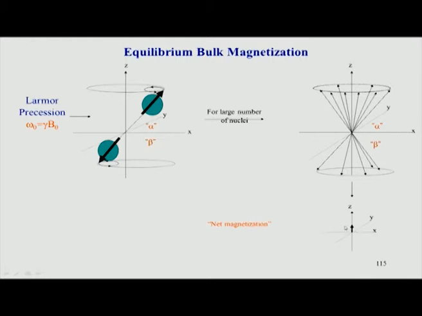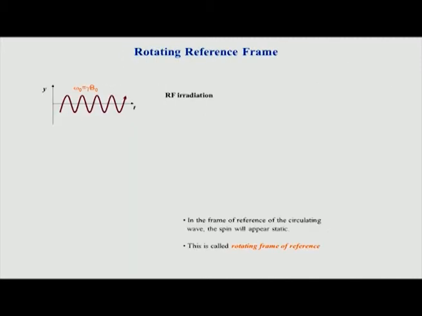One can calculate from the Boltzmann equation at what temperature or magnetic field or conditions the populations can become equal. You can also achieve a negative z axis, the opposite situation where the population in this state becomes more than the population in this state. That is called population inversion, and one can also find out at what spin temperature we can achieve that. These are all based on the Boltzmann law.